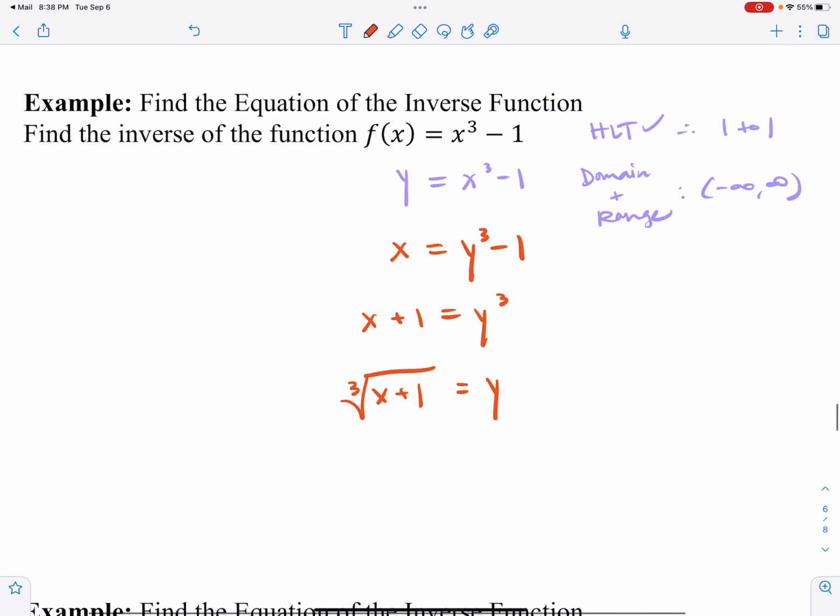So f inverse would be the cube root of x plus 1 over all real numbers. So domain and range would be all real numbers.